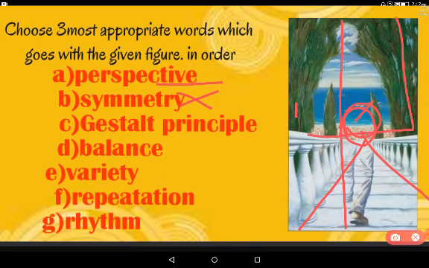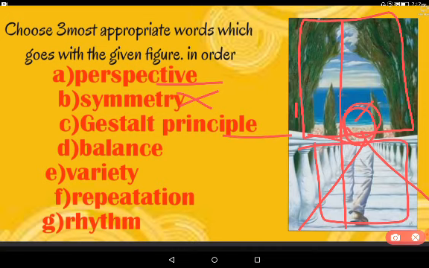See in this part, the figure and ground Gestalt principle is used in this peculiar part, but we can't see it further. So we can keep that aside. There is perspective. Okay. Now, yes, there is an asymmetrical balance, and there is no variety.